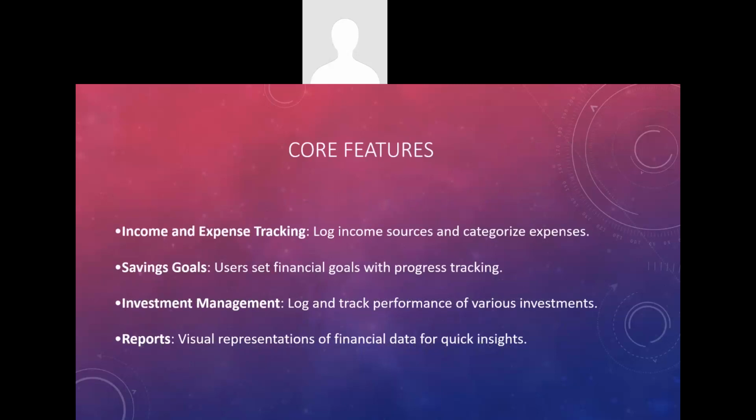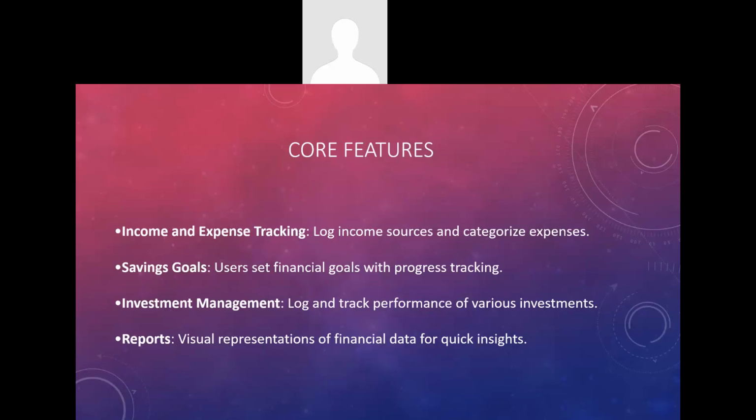When talking about the core features, the app includes four core features: income and expense tracking, saving goals, investment management, and reporting. In the income and expense tracking feature, users can log every transaction, categorize it, and get a quick overview of their spending habits.